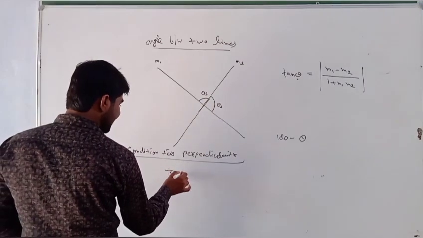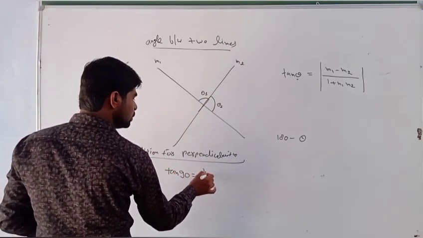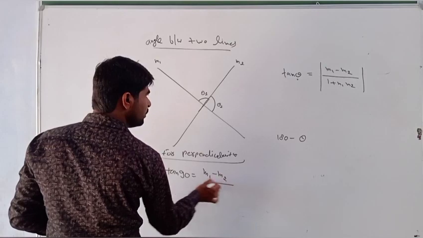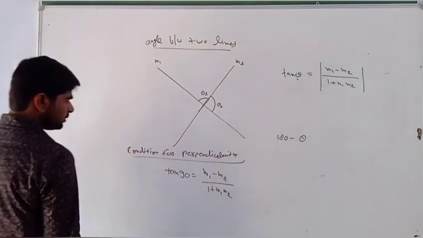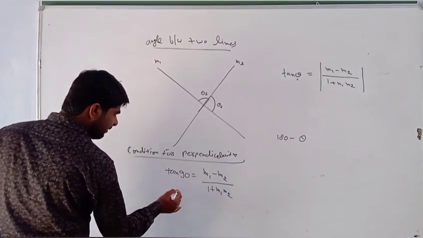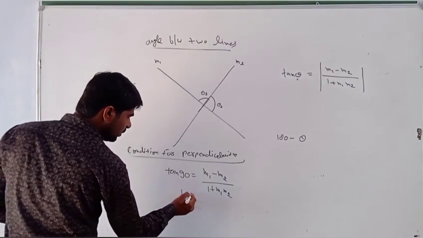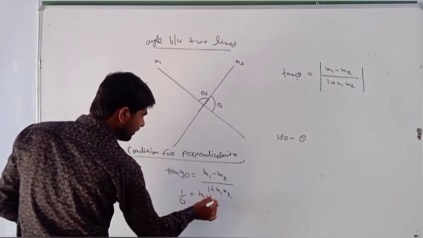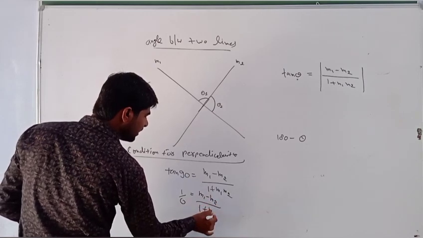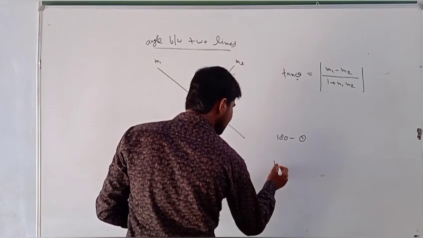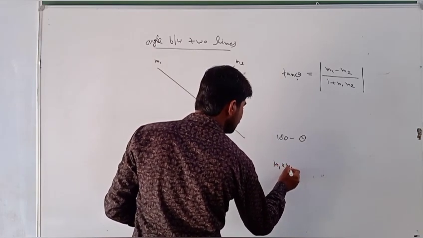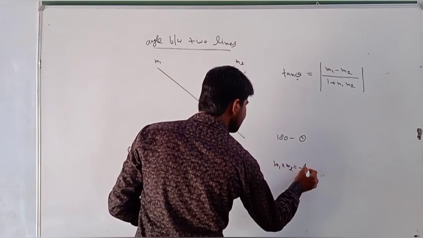So tan 90 equals (m1 minus m2) upon (1 plus m1 m2). The value of tan 90 is infinity, that is 1 upon 0. After cross multiplication we will get m1 times m2 equals minus 1.